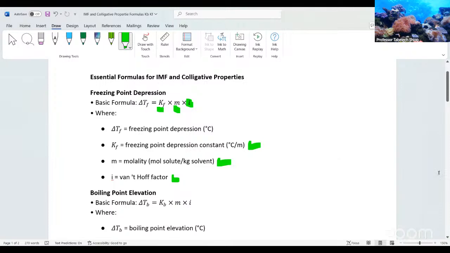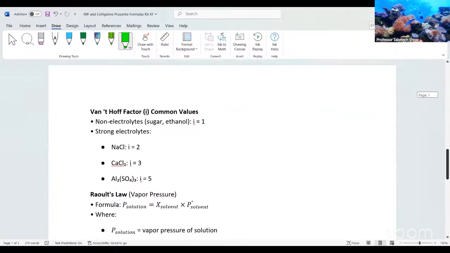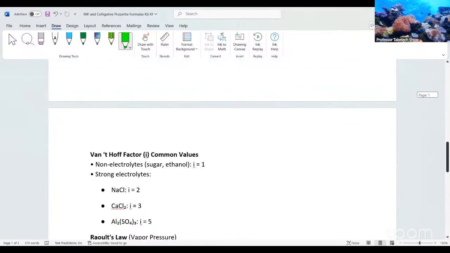Now, why am I saying all of this? When we were looking at these problems yesterday, we have to understand that, one, the i that's given, the Van't Hoff constant or factor, you have to know that particular part to get your answer right. So you have to know if you're dealing with non-electrolytes or electrolytes.